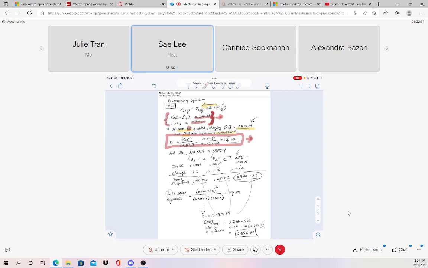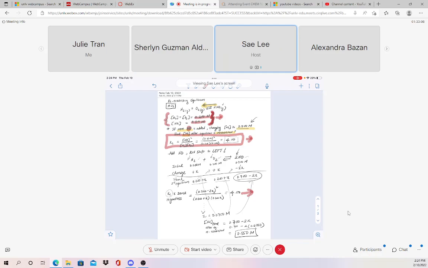Once the second equilibrium is reached, the Kc value will still be the same. The equilibrium constant is always the same, so you can use the same equilibrium constant for the second equilibrium situation as well. Does that make sense?